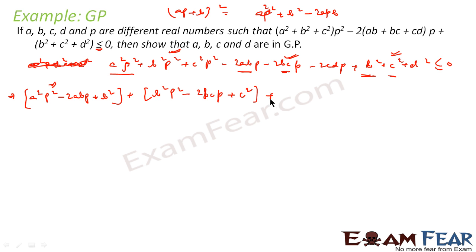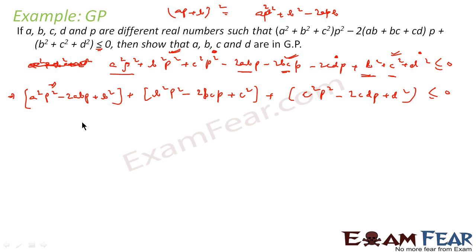Now I'll take the third bucket: c square p square minus 2cdp plus d square. This is the third bucket. I'll make a circle around each. This whole thing is less than or equal to 0.